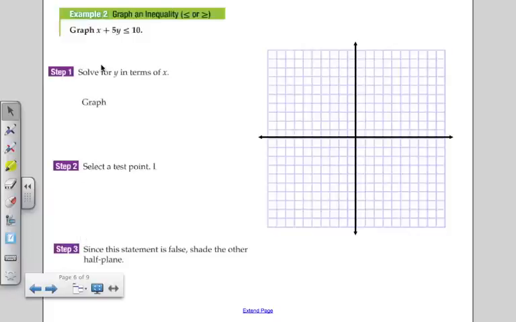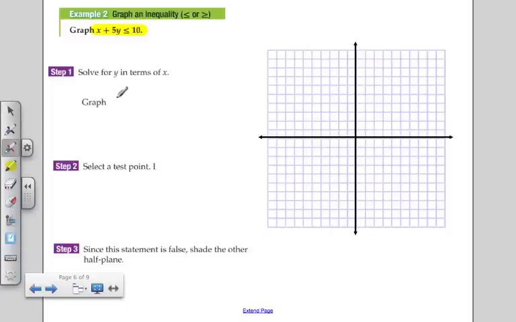Okay, sometimes the inequalities say less than or equal to, as in this case, x plus 5y is less than or equal to 10. So we're going to solve for y.